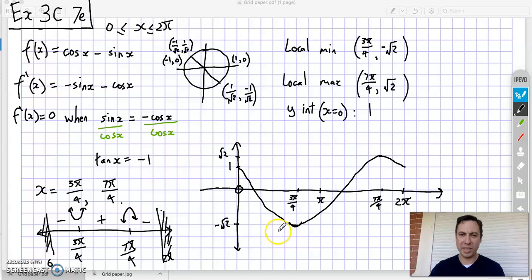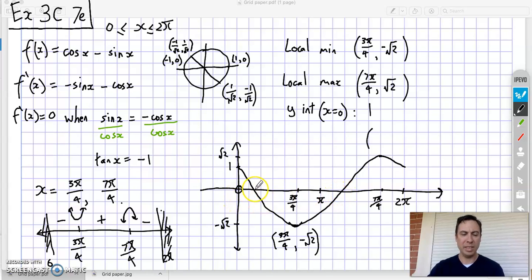Now, that's all the questions asked for. But we could, of course, look for things like points of inflection. So this function has a point of inflection here somewhere that you could find with the second derivative. And we could find what these zeros are as well from the original function.